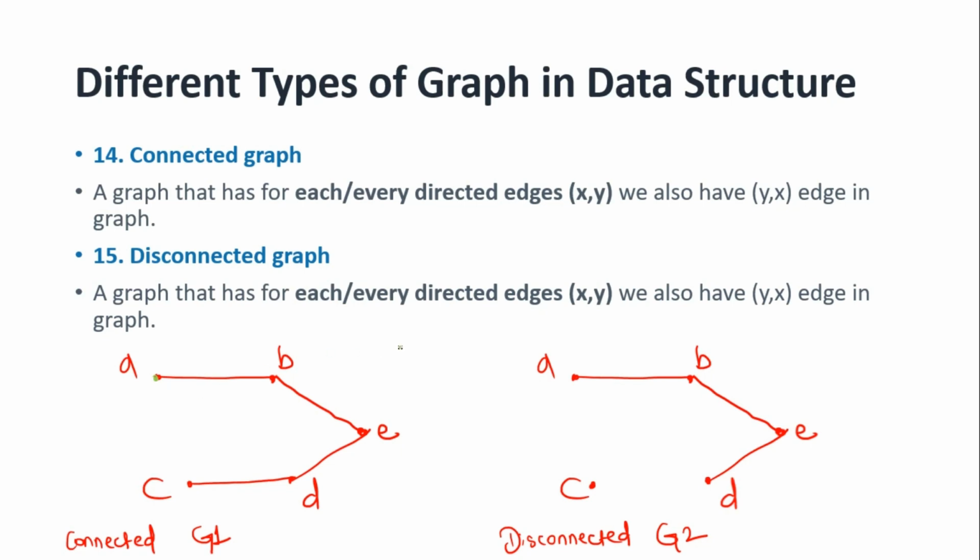Now, another graph where you cannot reach every other vertex from a particular vertex is called a disconnected graph.